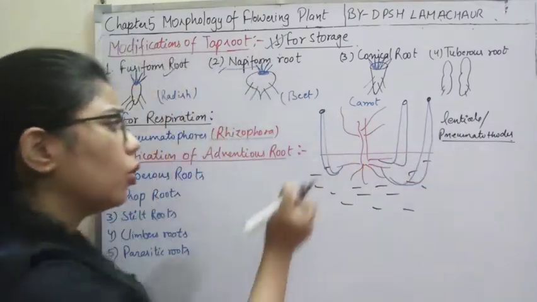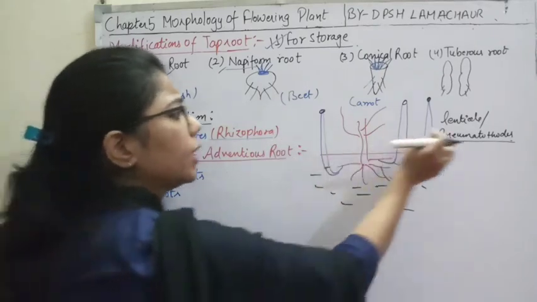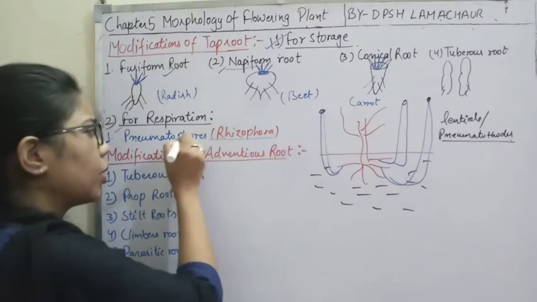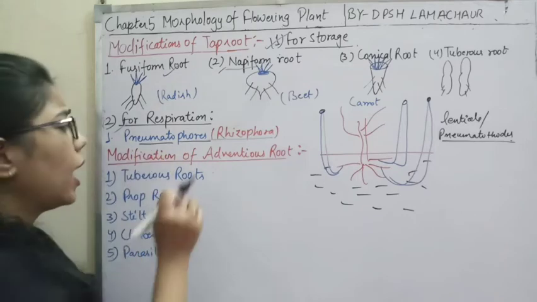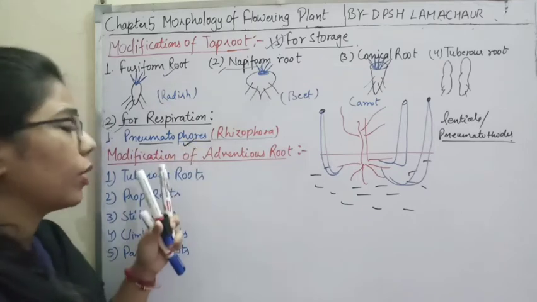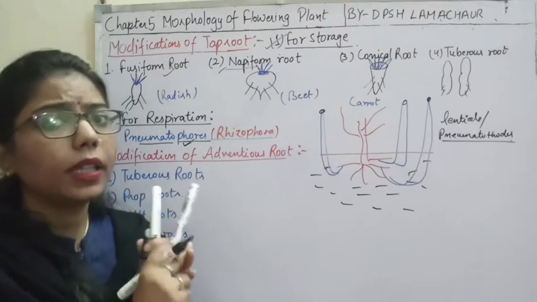And now those roots which are bearing these pneumatophores, these are known as pneumatophores, because pneumato means this root-like structure, small root, and phore means to bear something. For example, we have done sporangiophore. Phore is what? They are bearing the sporangia.